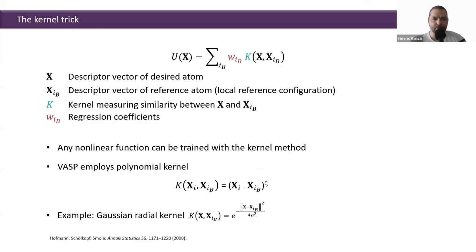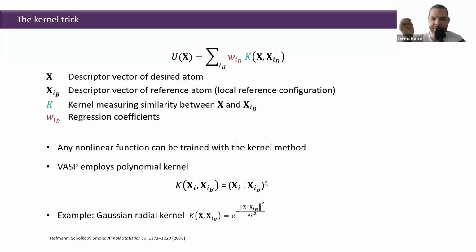So the kernel should be a nonlinear function that measures the similarity between X and XIB. In VASP, we employ polynomial kernels. This builds the dot product between XIB and XI, and then this product is raised to the power of Xi. So this means when the two vectors are orthogonal to each other, or in other words, are not similar, the dot product becomes 0.